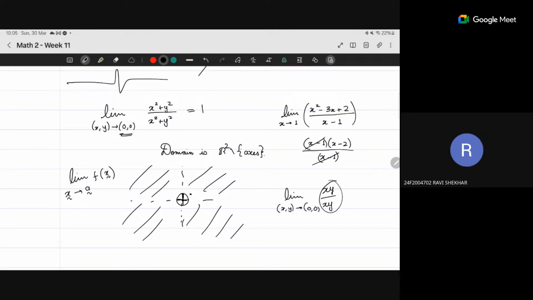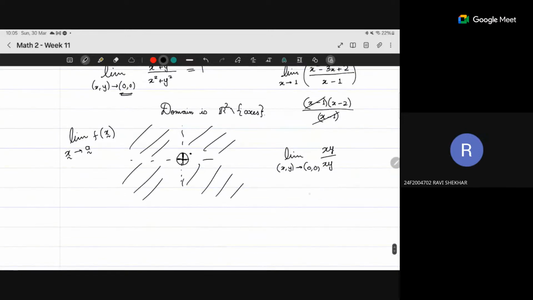Okay, but how did we conclude that it doesn't make sense for one and for the other it makes sense? If I take some small point, like (delta, 0), a point on the x-axis, and substitute it over here, it doesn't make sense. It would be 0 by 0, which is an indeterminate form.